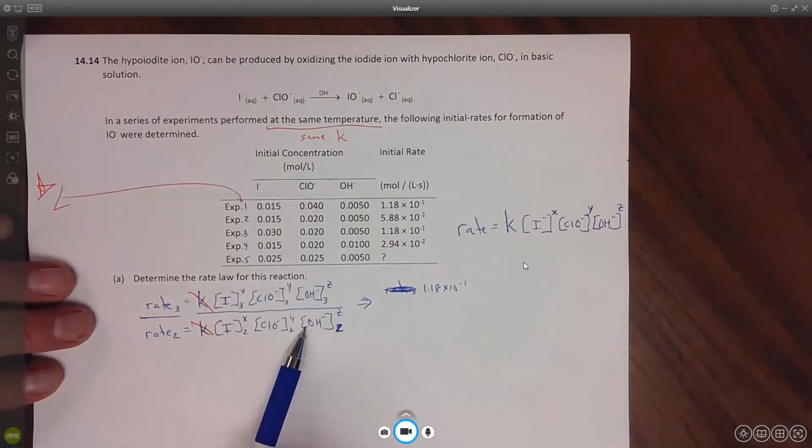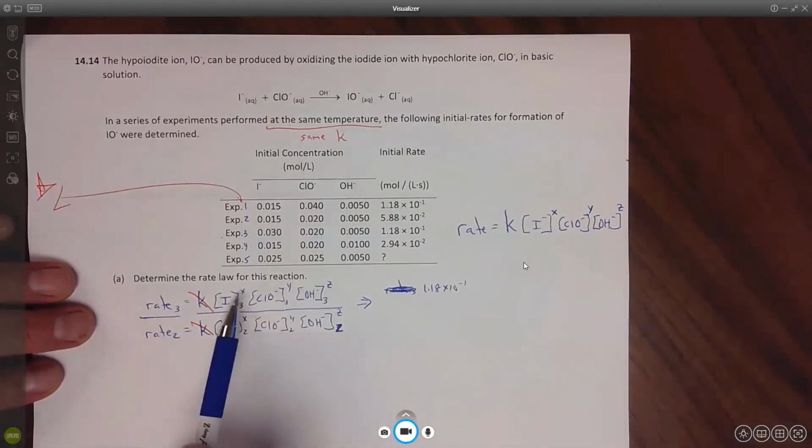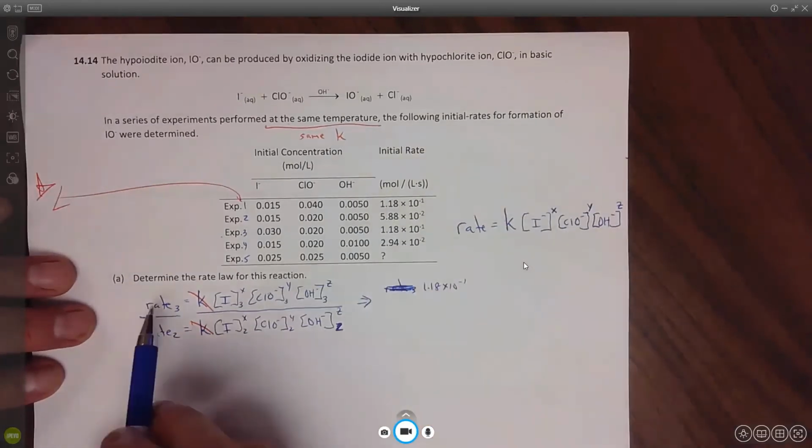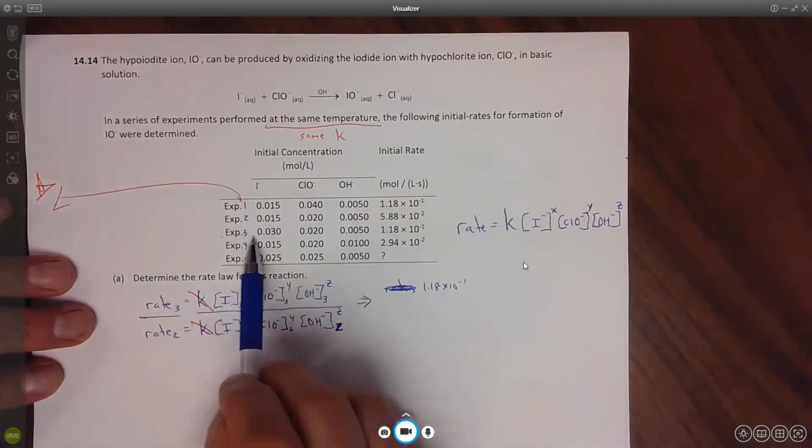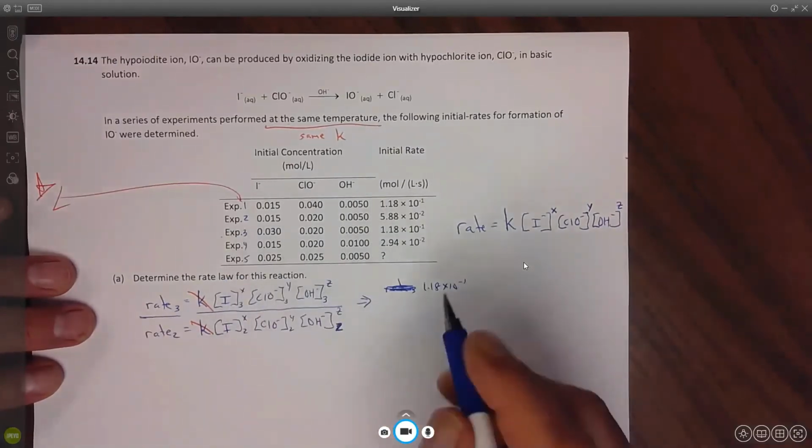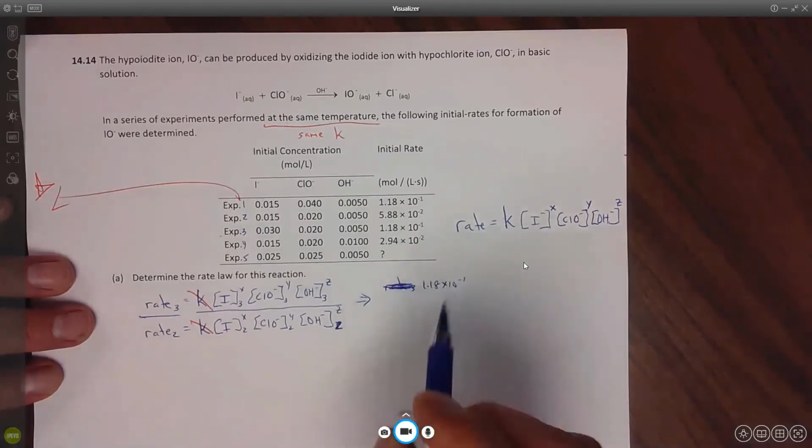So that's why I'm going to ignore the units here. Because this has got to be the same as this, no matter how they affect the units inside the parentheses, they're still going to be the same. So experiment 3, there's the rate.